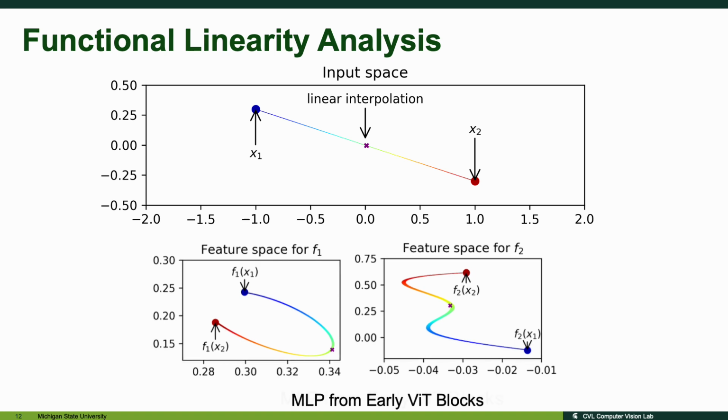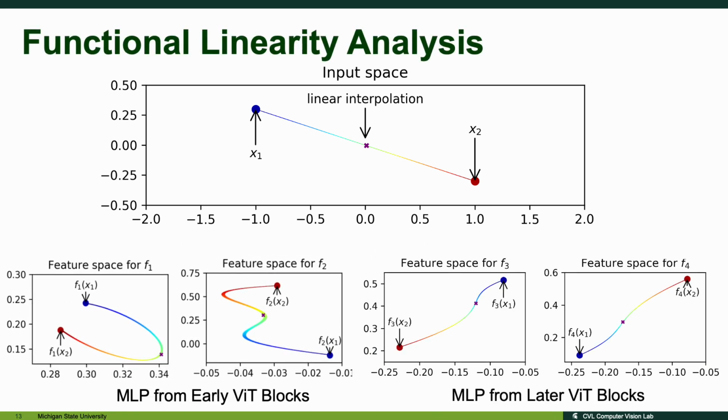In contrast, for MLP layers derived from the later blocks of vision transformers, the degree of nonlinearity diminishes. Despite f being a nonlinear function, the interpolation path between x1 and x2 tends to be closer to a straight line.